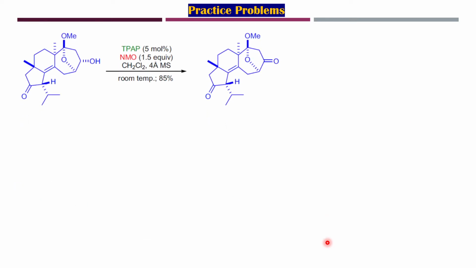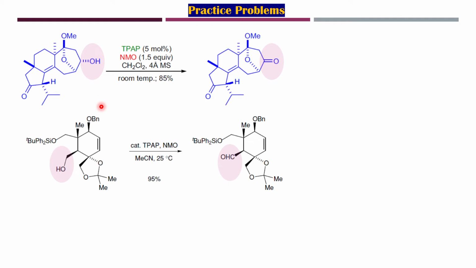As you can see here, we again have an epoxide. This is getting converted to a C=O, and nothing happens to the double bond here. So that is what we were trying to highlight. Again, the double bond is not affected. The silyl ether part is not affected.